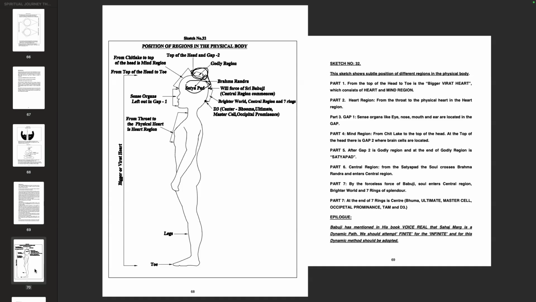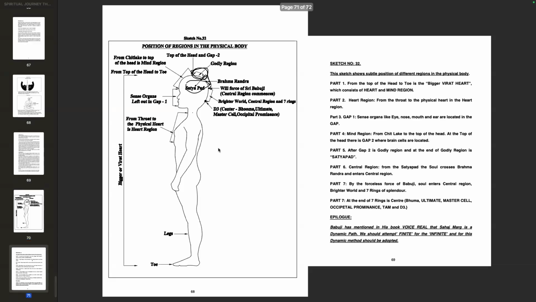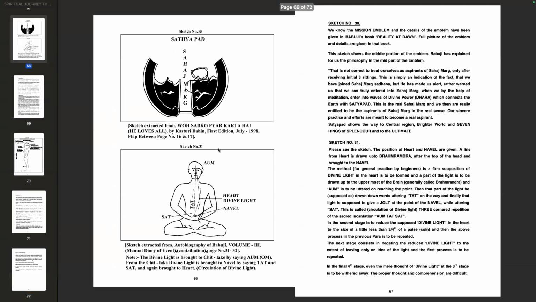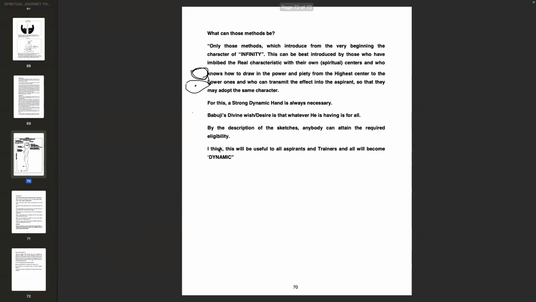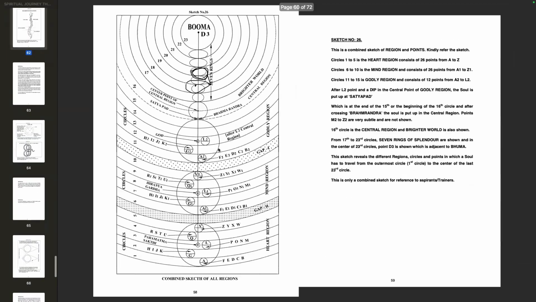So this is one view of looking at it. And there is another view I'll show you. We never spoke about it. You see, this is the view.